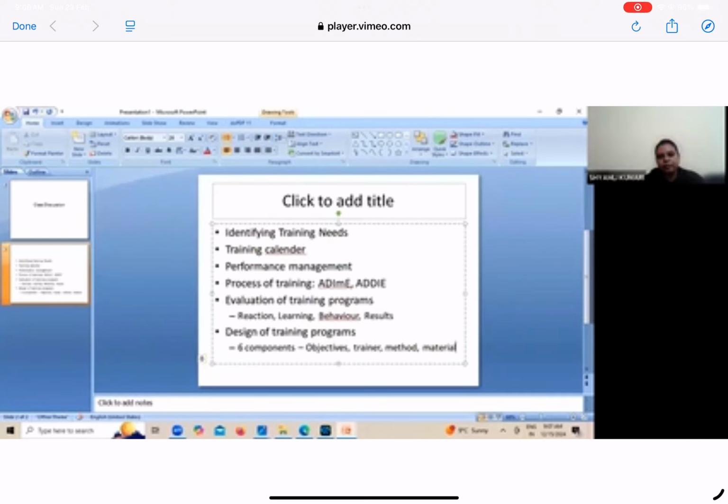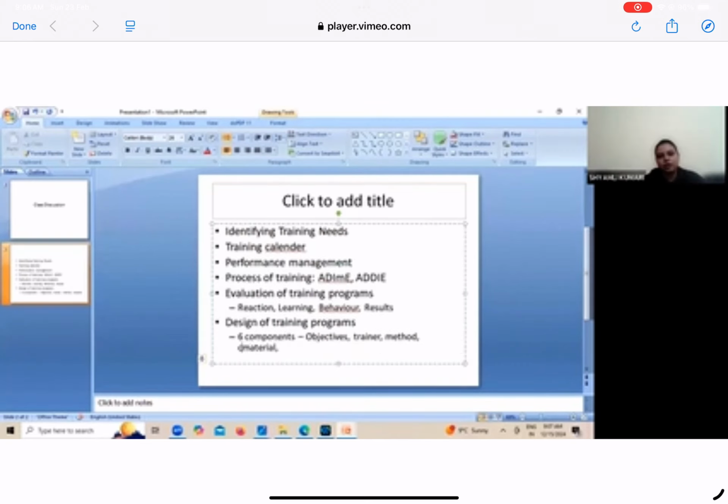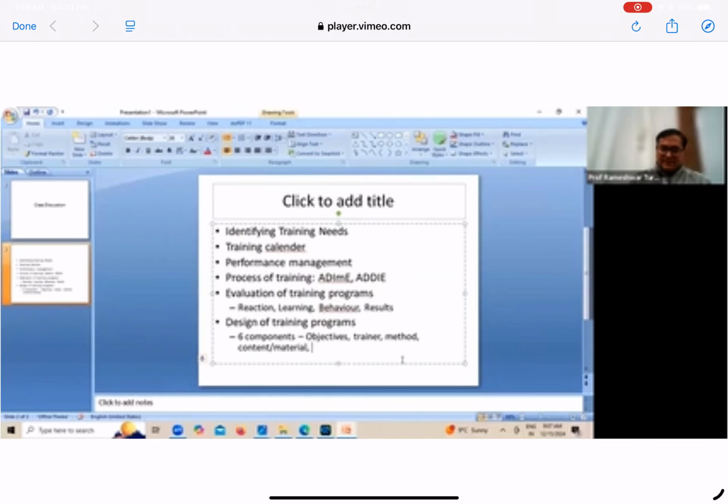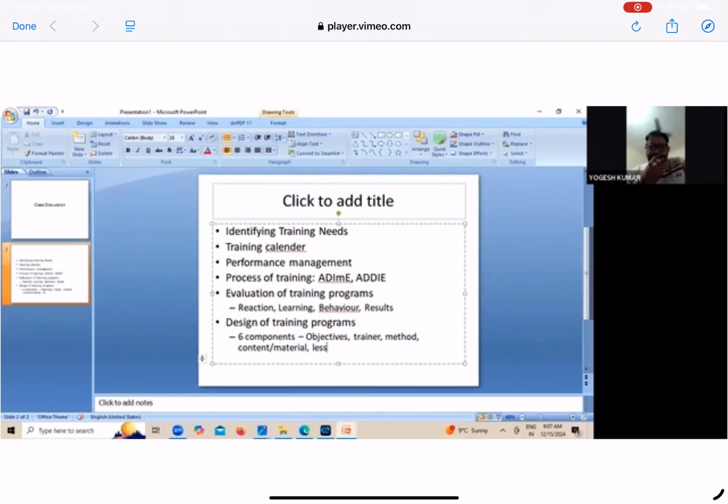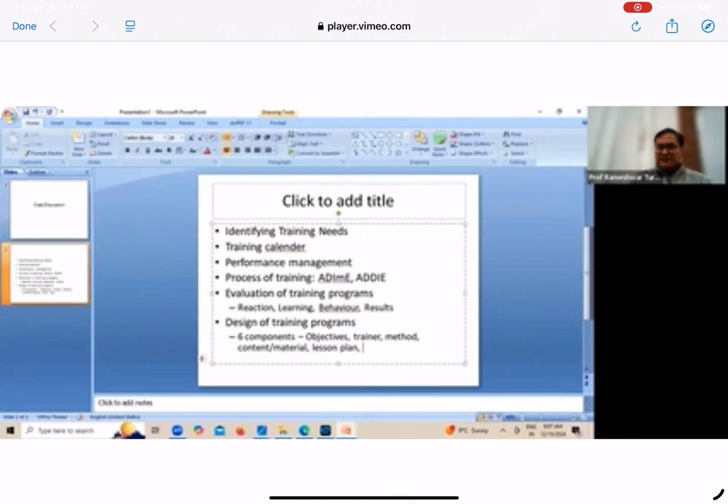Then session planning, content material. Planning of the sessions also, developing the lesson plan.